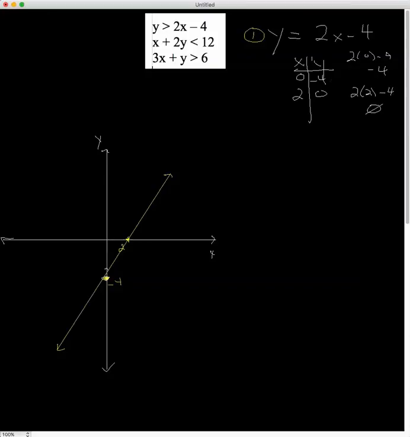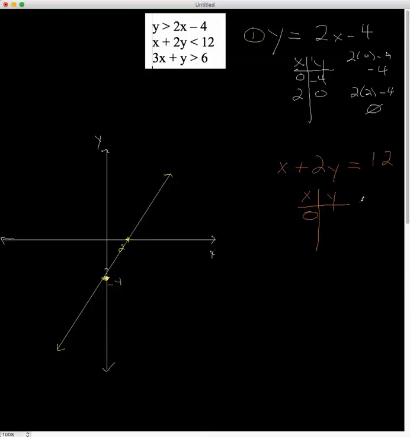Next, let's look at the next line here. So I'll do this in a different color. So let's try orange. So we have x plus 2y, and I replace the inequality with equals 12. And once again, I do x here, I do my y, and I pick a point. So if x is 0, let's see what y is.